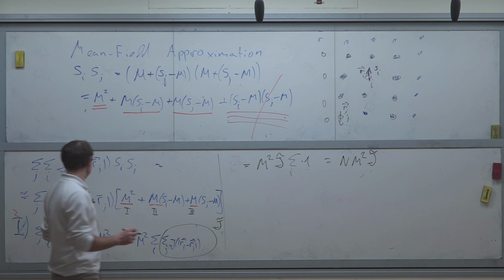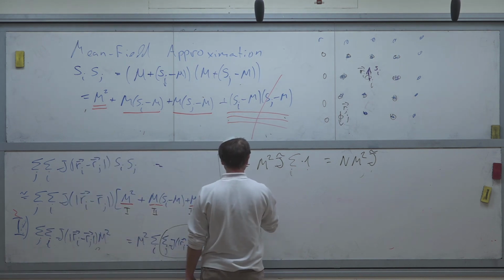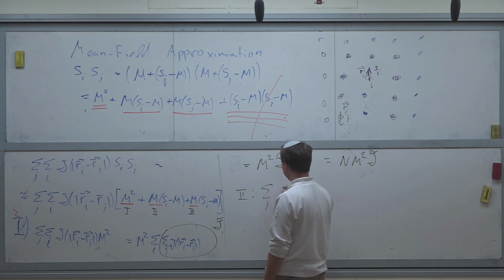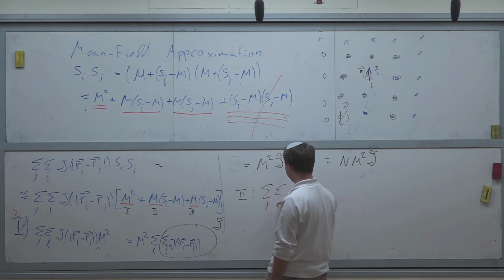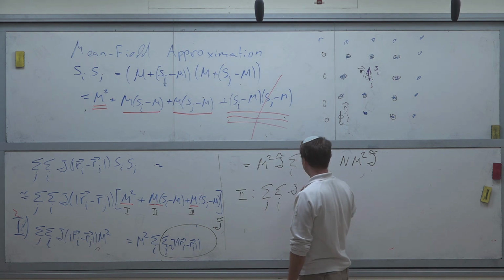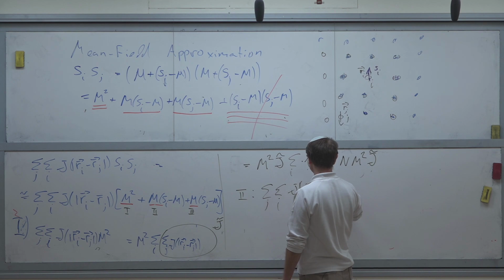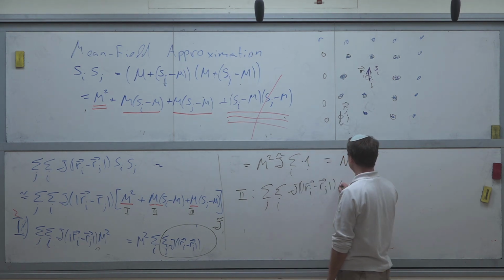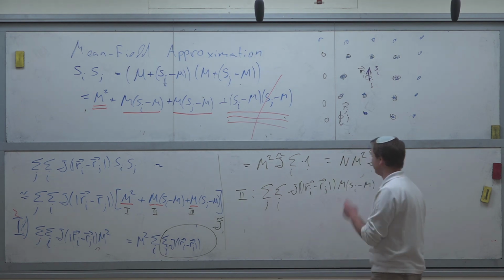What happens for the second term in the summation? We have a sum over j, a sum over i, j of Ri minus Rj, times m (Si minus m).